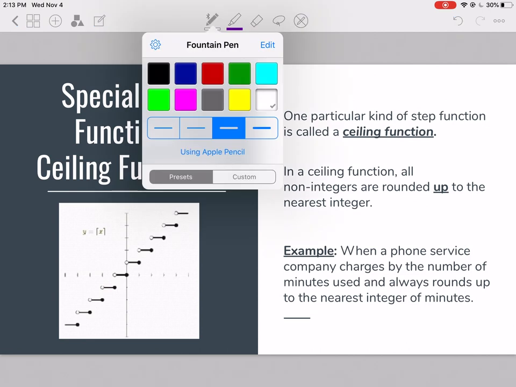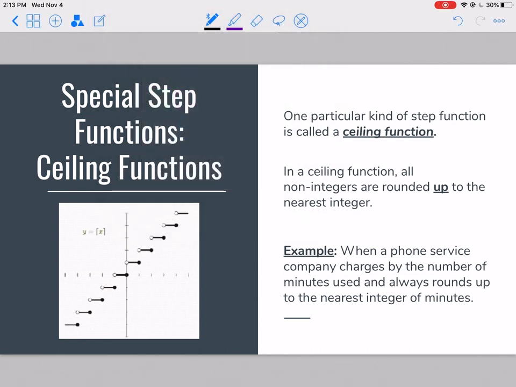In a ceiling function, all non-integers, so remember integers, we talked about this at the very beginning of the year, are positive and negative whole numbers, like -3, -2, -1, 0, 1, 2, 3, onwards, okay?